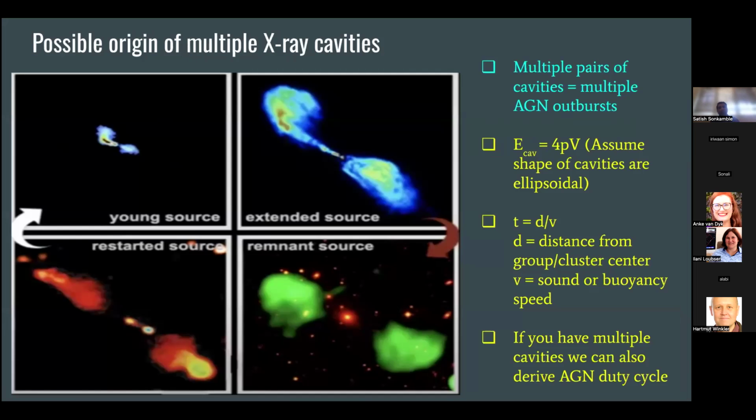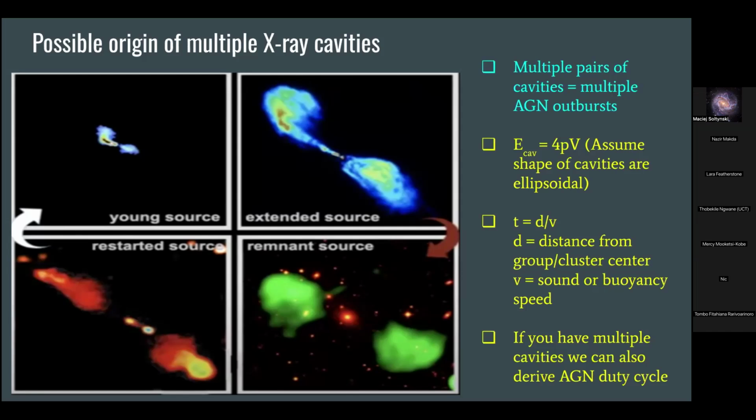Then we can see the possible origin of multiple X-ray cavities. The origin is associated with the AGN, or radio AGN, life cycle. You know that AGN show recurring activity.